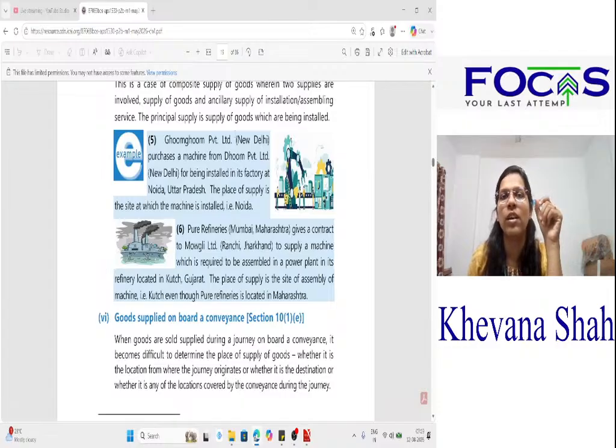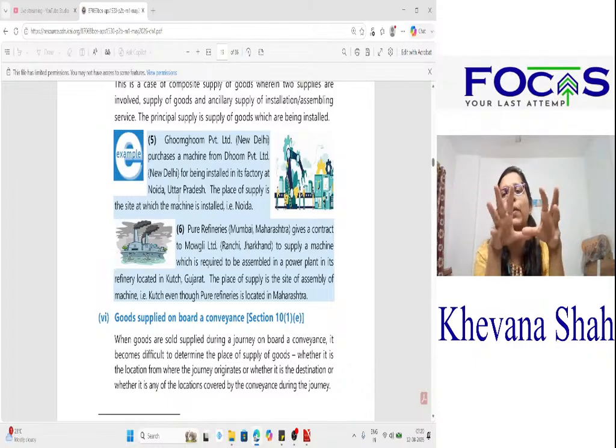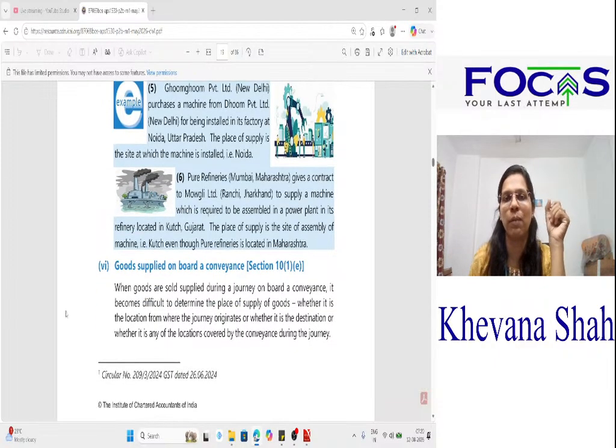So see here, this machine is being purchased from New Delhi and the recipient is also in New Delhi, but this machine needs to be installed in a factory at Noida, UP. So here the place of supply is the site at which the machine is installed. Since the machine is being installed at Noida, UP, Noida, UP will be your place of supply.